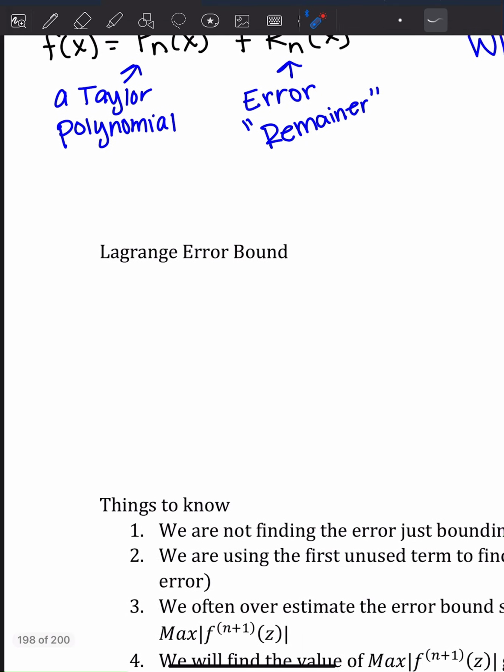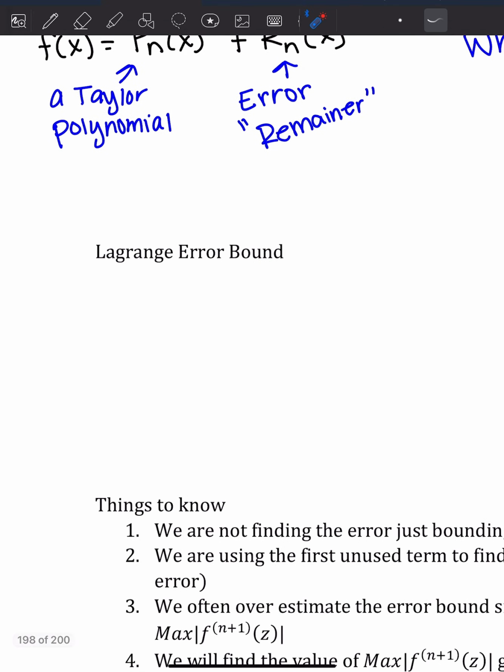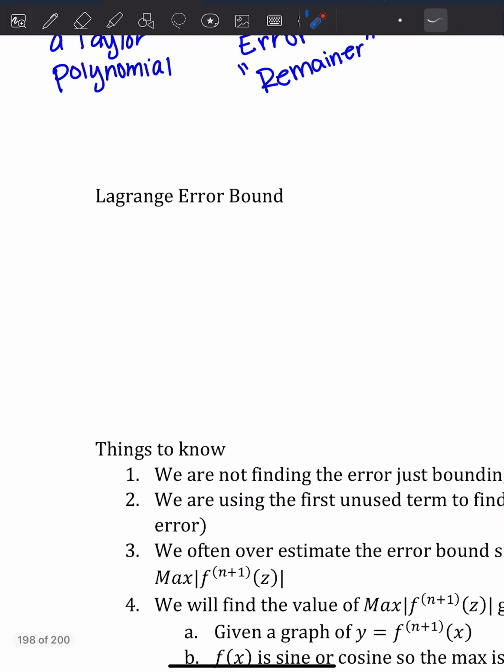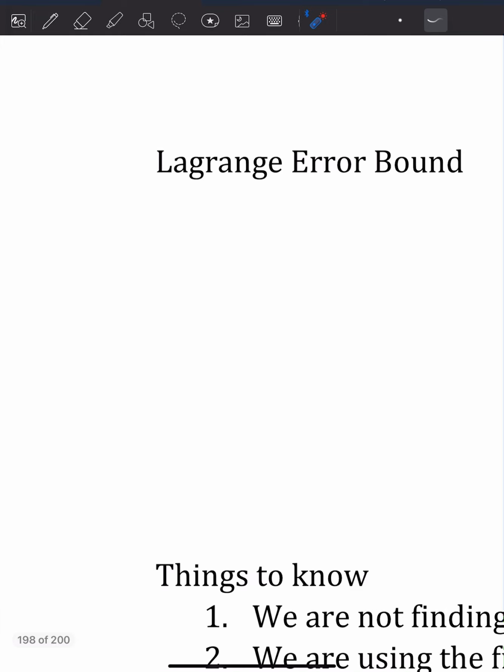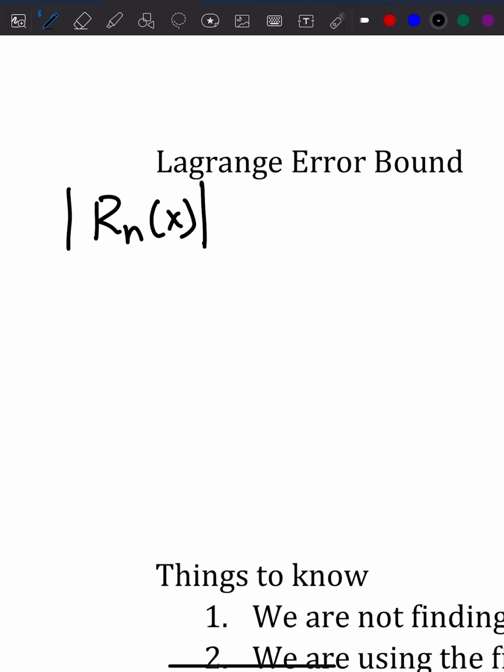Okay, so the Lagrange error bound says that we may not be able to find that exact remainder, but we can get a good idea of it. And what it says is the absolute value of our remainder function is less than or equal to the absolute value of x minus c to the power of n plus 1 divided by n plus 1 factorial.